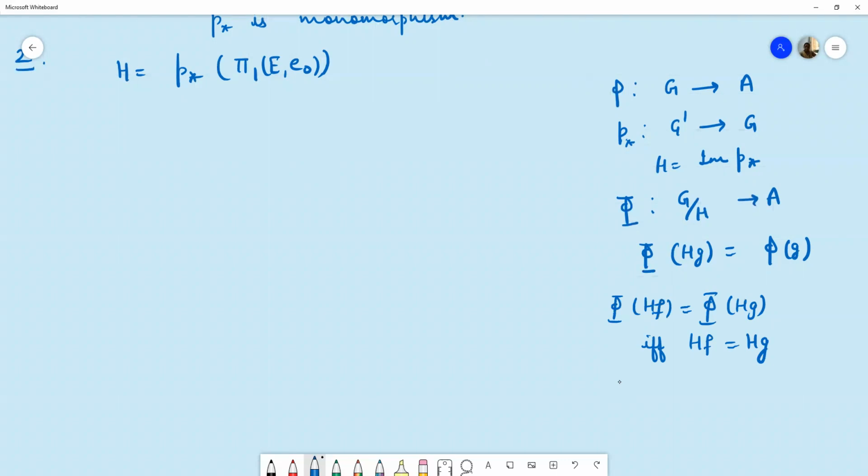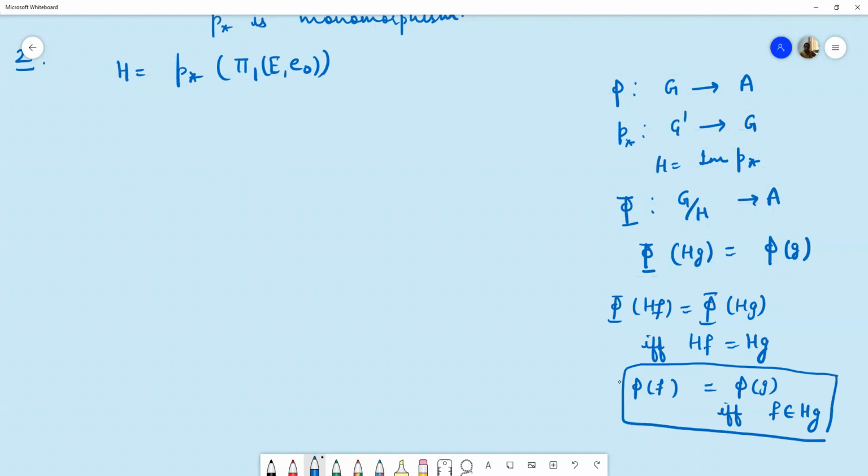That means we want to prove that small phi of f is equal to small phi of g if and only if f belongs to Hg. So to prove capital Phi is 1, 1, we need to prove only this thing, that small phi of f is equal to small phi of g if and only if f belongs to Hg.